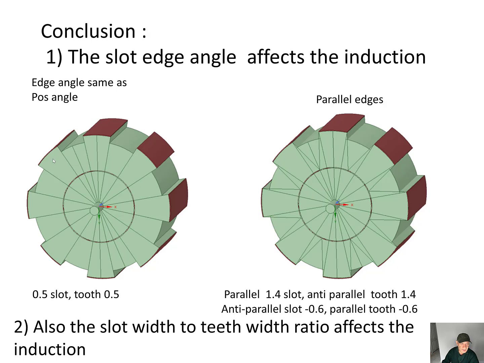So here is a case where the slot width and tooth width are the same, so it's 0.5 on the slot, 0.5 on the tooth. Here where it's parallel edges it is 1.4 on the slot, and if it's anti-parallel, which is not shown here, it would have been minus 0.6.